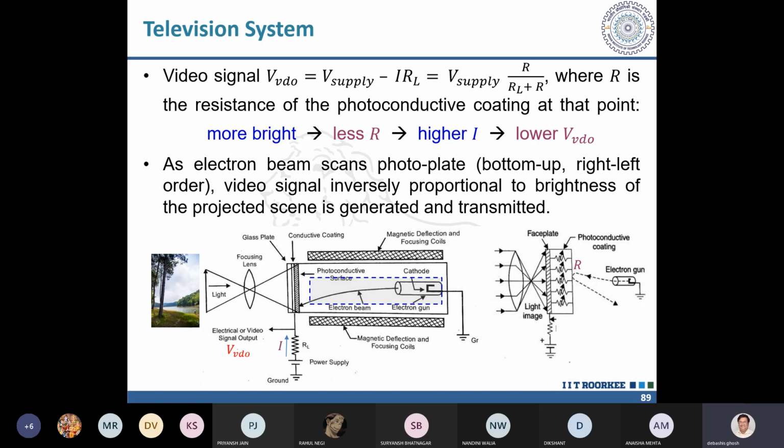So all the countries have to standardize all the cameras taking the picture in their TV studio, and all the television sets will be reproducing the picture in that way. So that has been standardized.